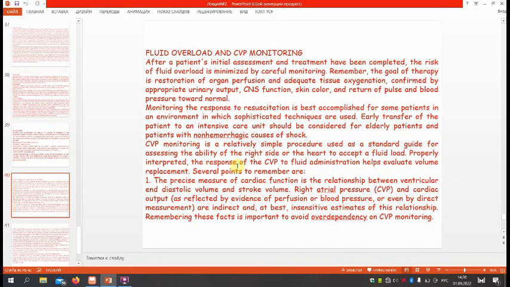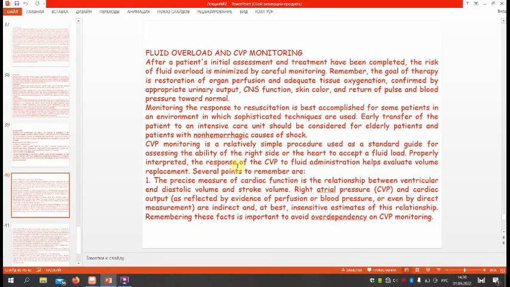CVP monitoring is a relatively simple procedure used as a standard guide for assessing the ability of the right side of the heart to accept the fluid load. Properly interpreted, the response of the CVP to fluid administration helps evaluate volume replacement.